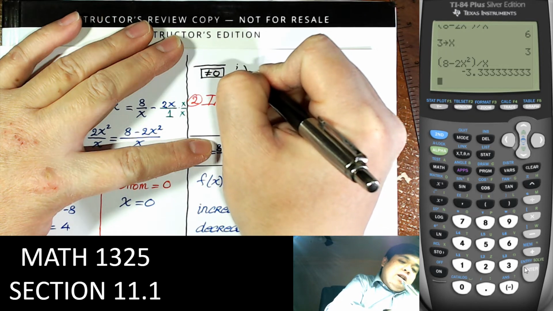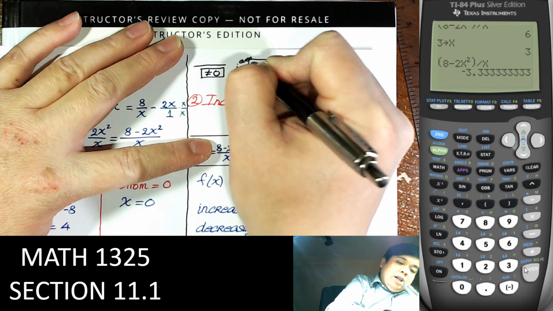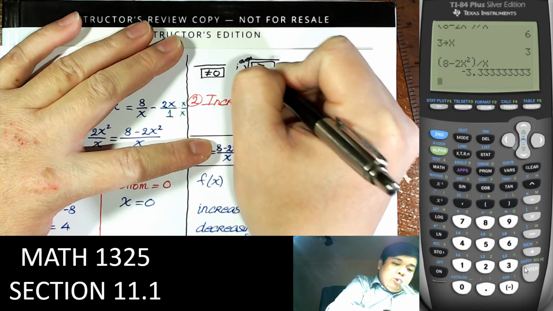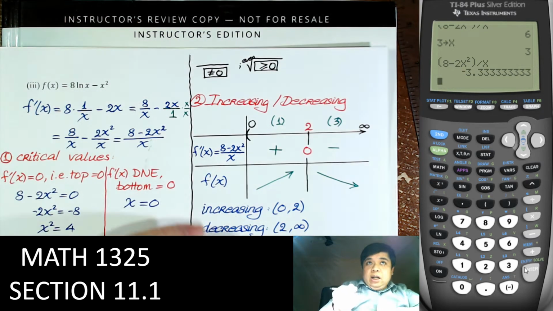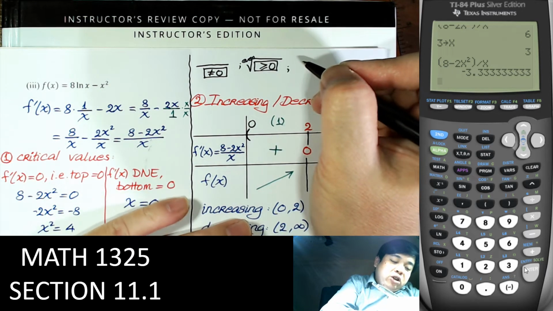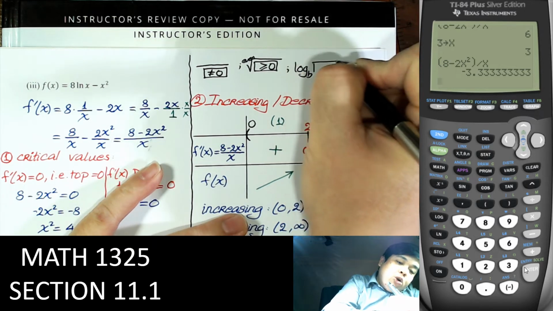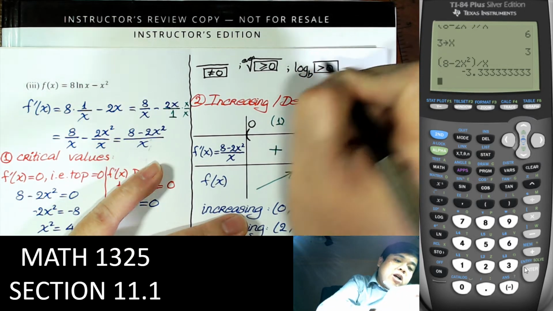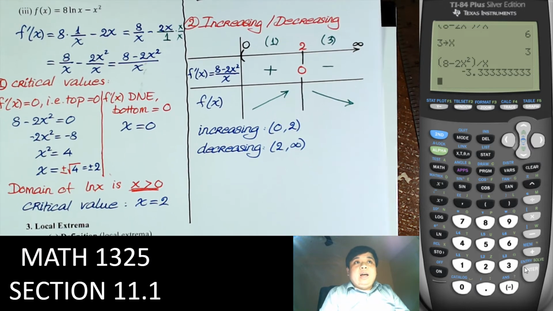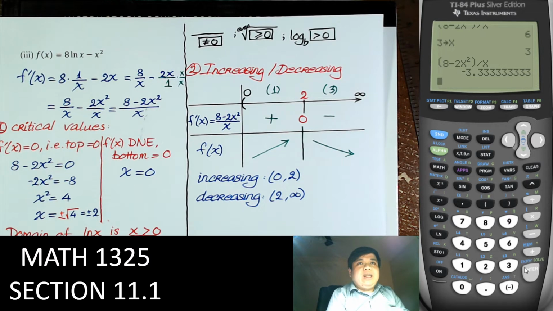Second, under an even root, anything inside has to be greater than or equal to 0, otherwise the even root of a negative number is imaginary. Third, inside of a log of any base, the argument must be positive. Those are the three things to watch out for as far as domain goes for a function.